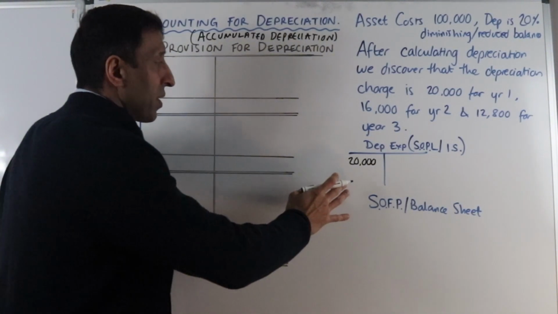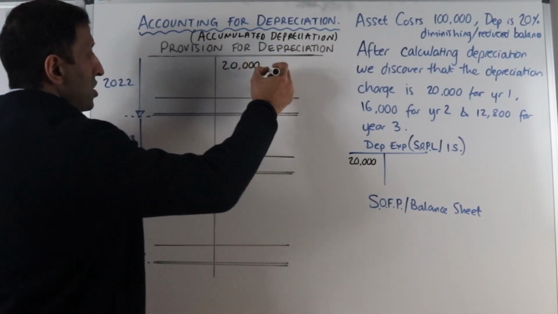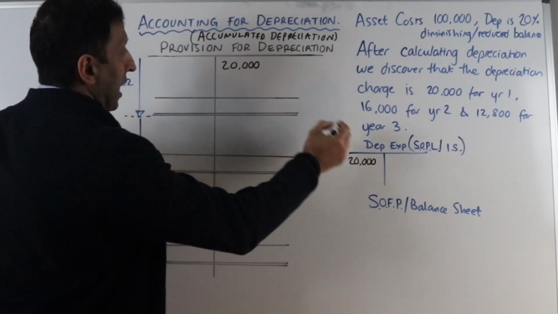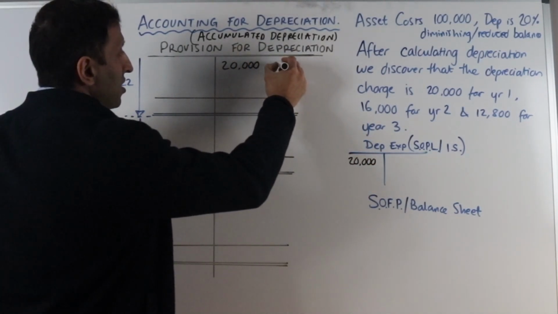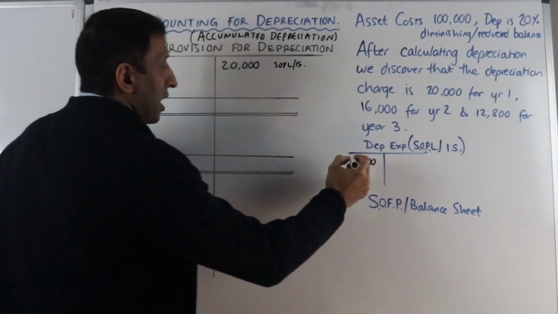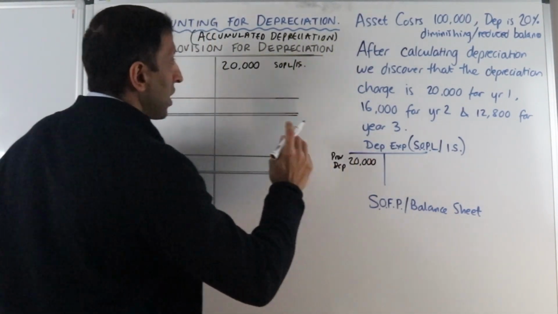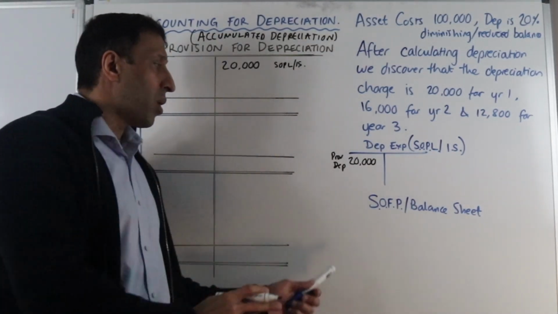Hopefully you know that by now. So if we're debiting this, we're going to credit the provision for depreciation account. Now we could reference the other account here just by putting a narrative that this goes to the statement of profit and loss or the income statement, and in this case is going to the provision for depreciation account. Okay, so in year one, that's what we do.